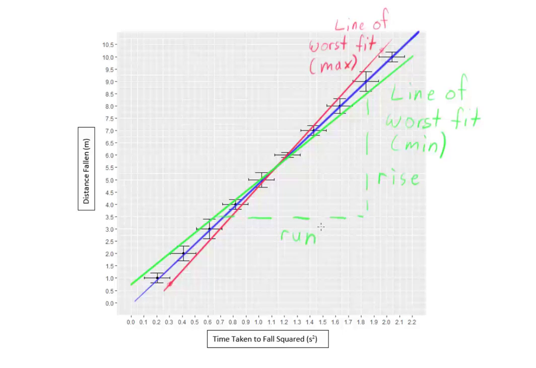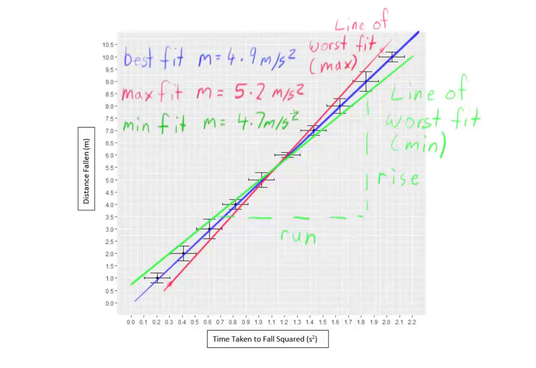So I'm going to calculate all these gradients. So in this particular case, I get the best fit line is 4.9 meters per second squared for its gradient. The max fit line is 5.2 meters per second squared, and the minimum fit line is 4.7 meters per second squared.